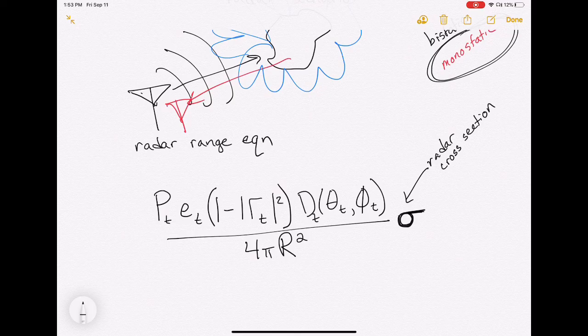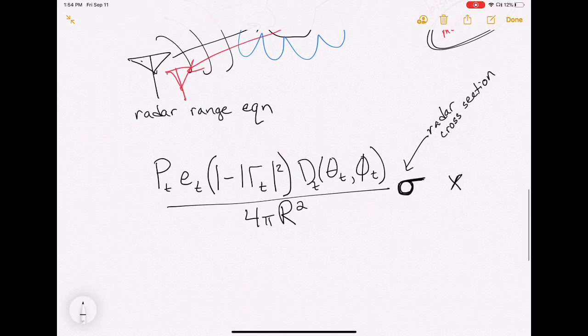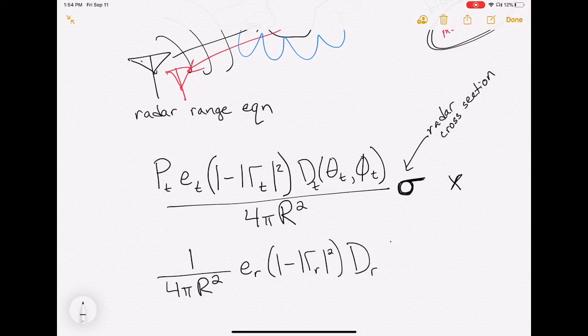But this radar target acts like another transmitting antenna, which means that that needs to get multiplied by a 1 over 4 pi r squared factor, because it needs to spread out spherically from that radar target. And then when it gets to the receive antenna, it needs to actually be accepted and received by the receive antenna. So there's going to be the receive antenna efficiency, the receive antenna matching efficiency, the receive antenna directivity.